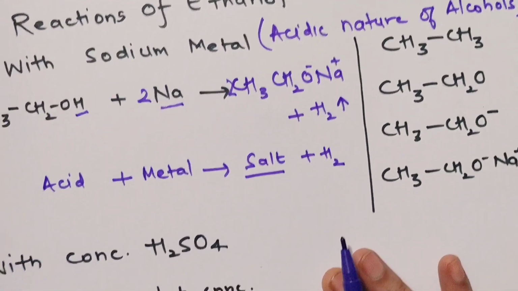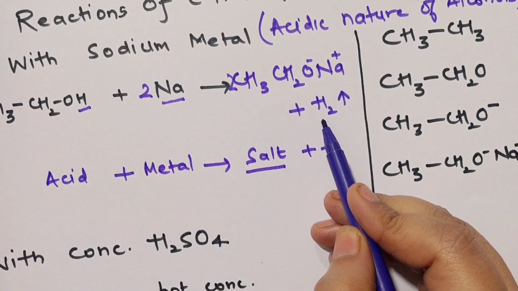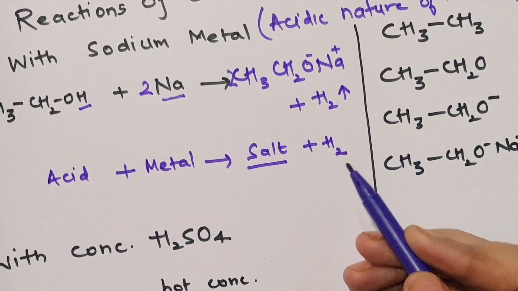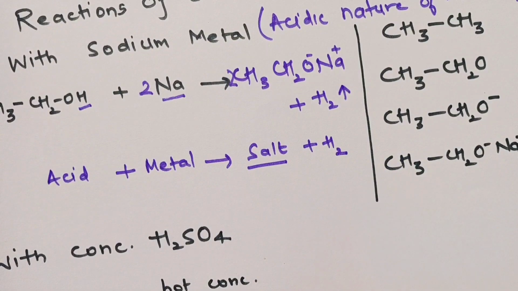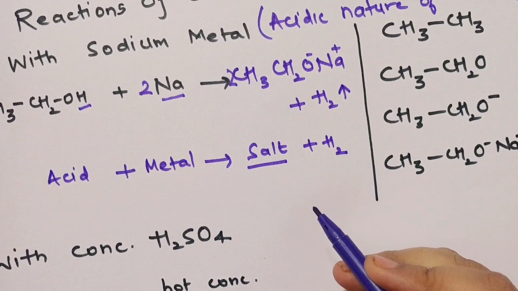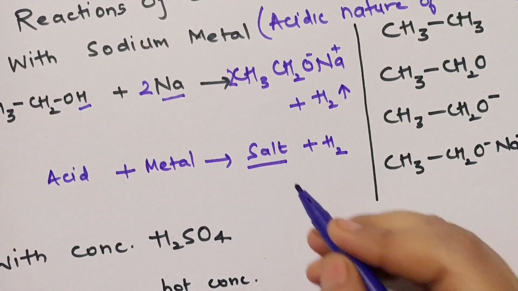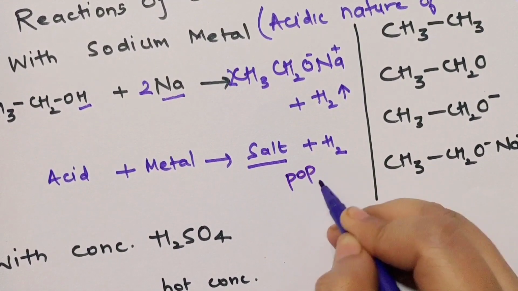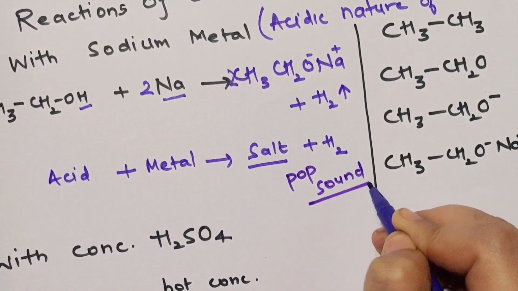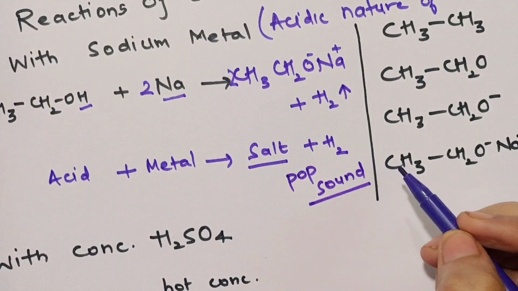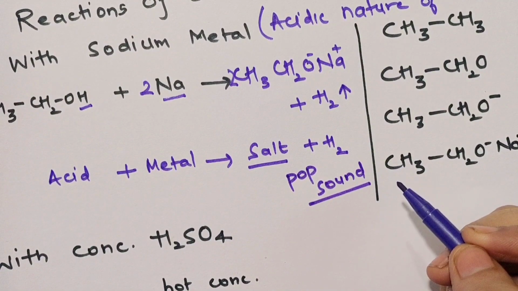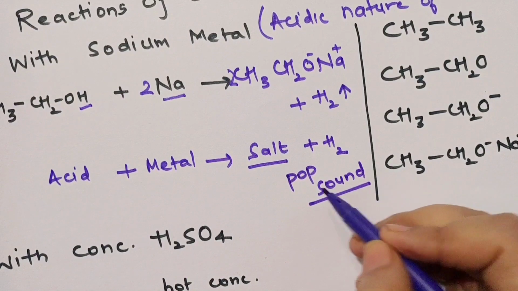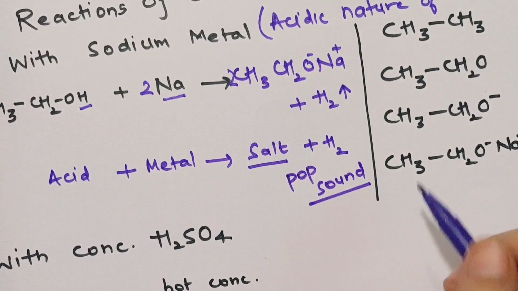Now, if you were to test the gas that is released, how would you do it? You just bring a lit match close to the mouth of the test tube and you would hear a pop sound, simply because hydrogen is a fuel. So there would be a tiny blast which makes the pop sound.